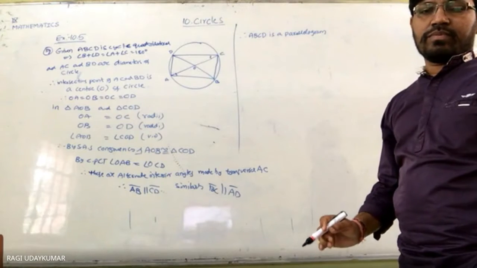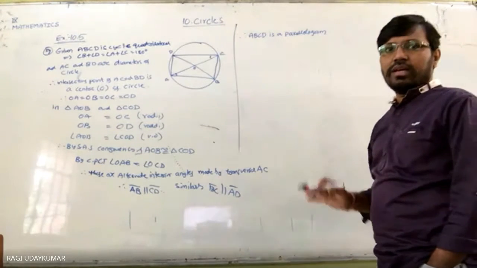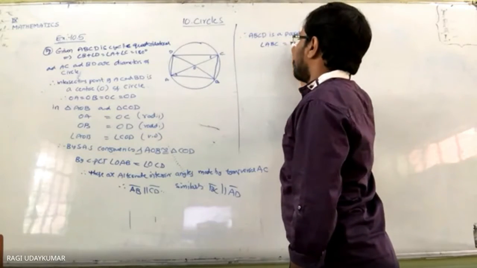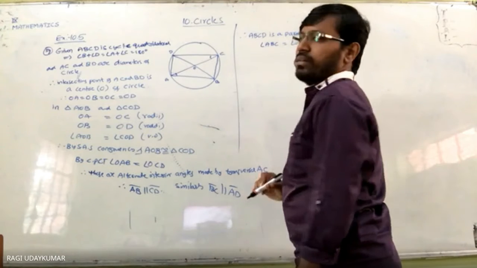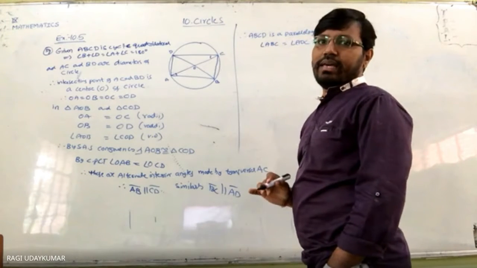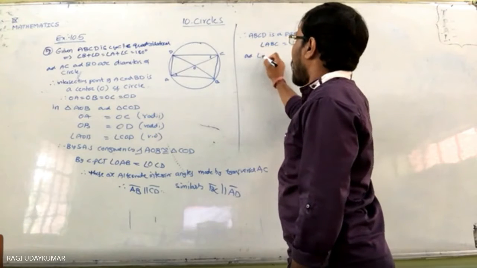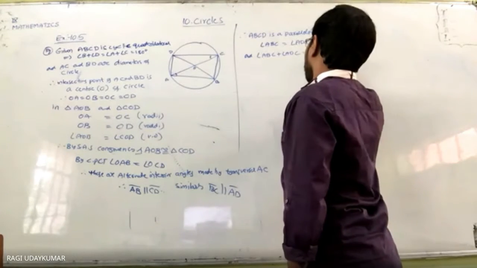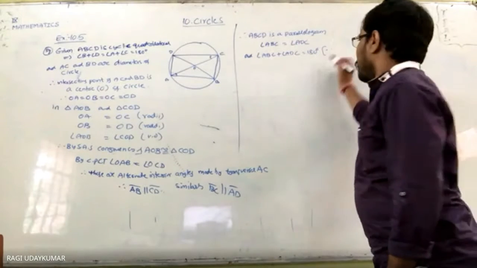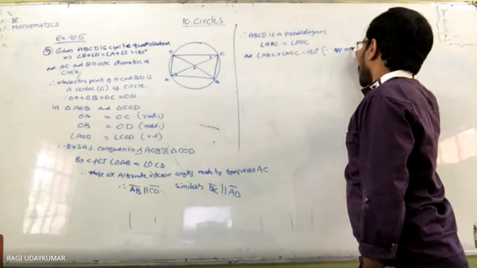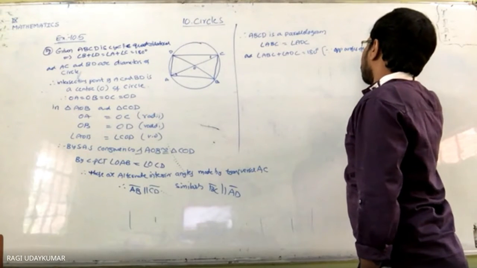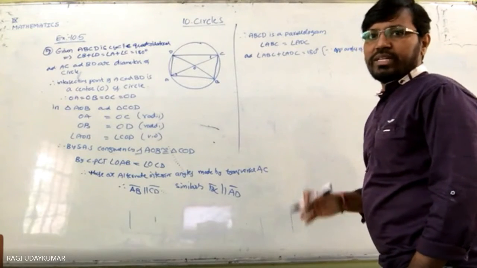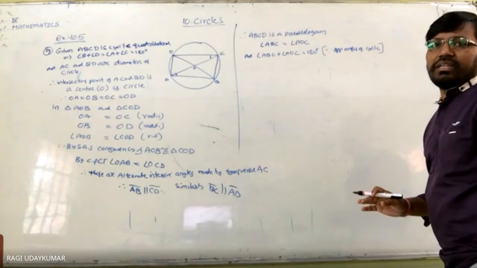Isn't it? Parallelogram में opposite angles equal है ना? So what are the opposite angles you are taking into consideration? Let us take angle ABC is equal to angle ADC. दोनों equal है. And angle ABC plus angle ADC is equal to 180 degrees. Why? Because opposite angles of a cyclic quadrilateral are 180 degrees.